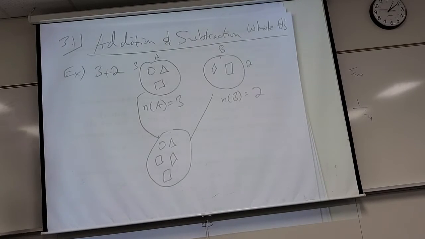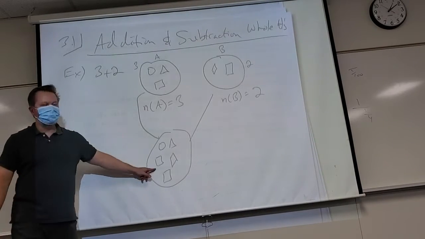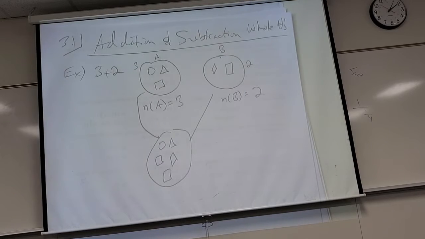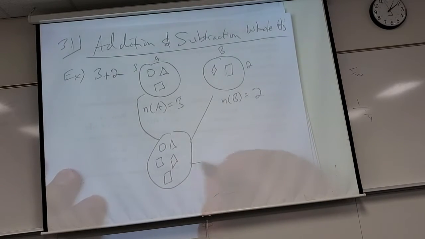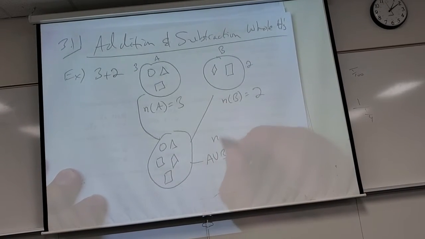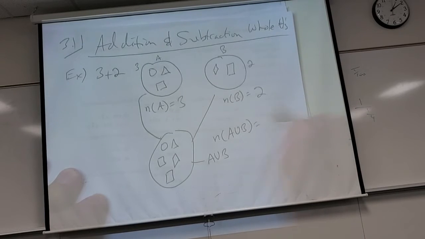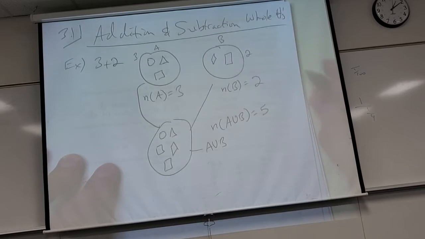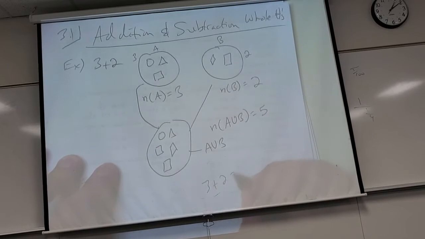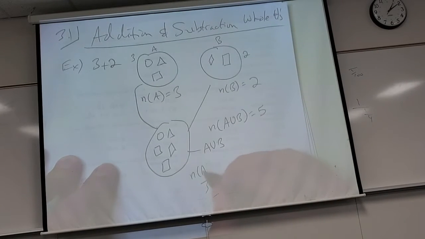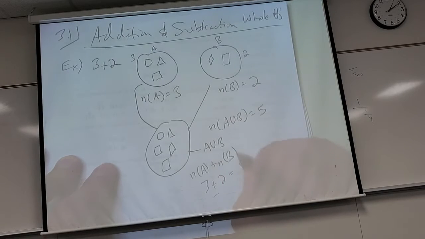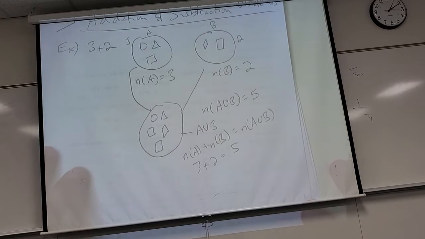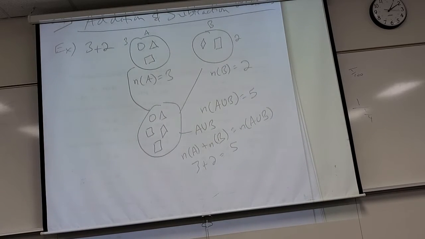You with me? Mm-hmm. And of course, the number that's in the union, so this would be A union B. What's the number that's in the union? 5. So that represents 3 plus 2 is 5, and we represent that with number in A plus number in B equals number in the union.